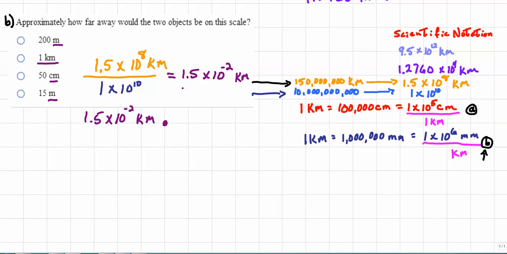Since we've already disallowed kilometers, we'll go ahead and look at meters. Well, I don't actually have a conversion factor here for meters, but we can create one fairly quickly. We'll also notice that 1 kilometer is equal to 1,000 meters.